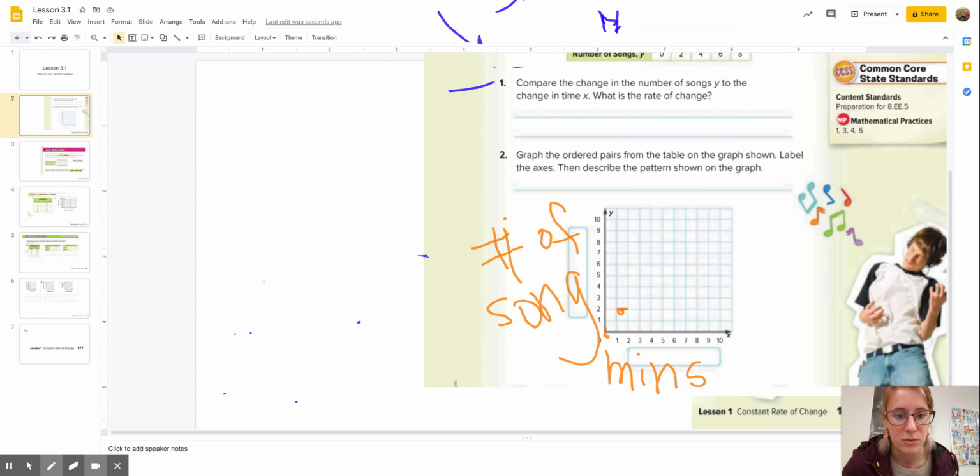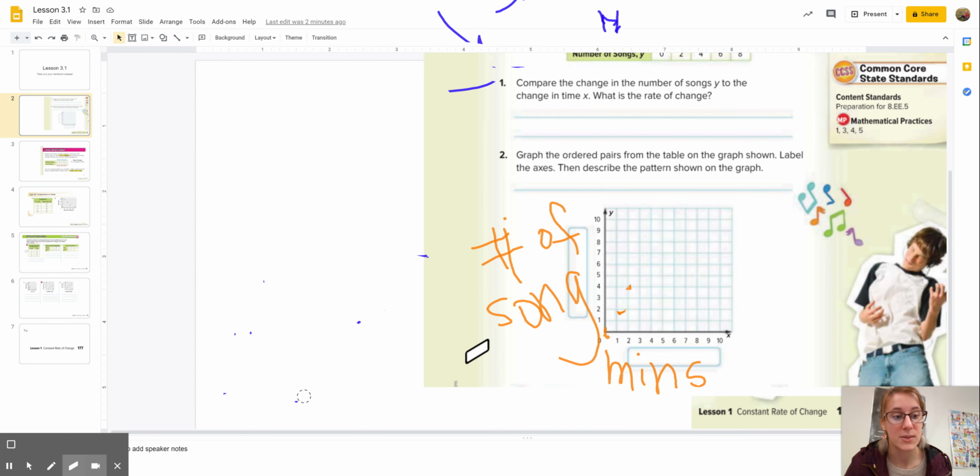So our first point is at 1, 2. Then at 2 minutes, we have downloaded 4 songs. The next one we have is 3 minutes.